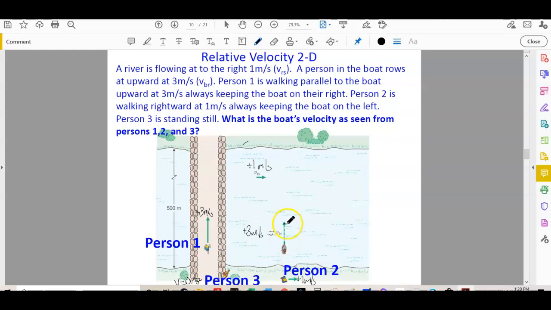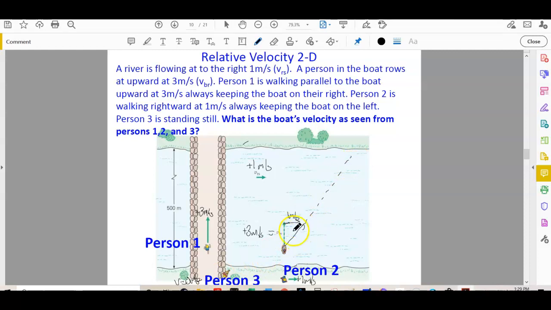moving up at 3 meters per second, but also moving downstream at 1 meter per second. So they're going to see the boat moving at a speed in this direction. They're going to see this boat moving off in that direction.